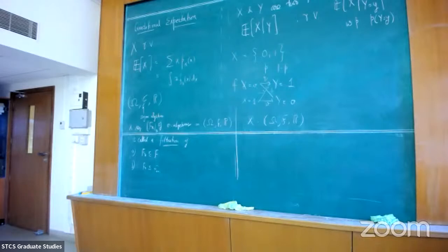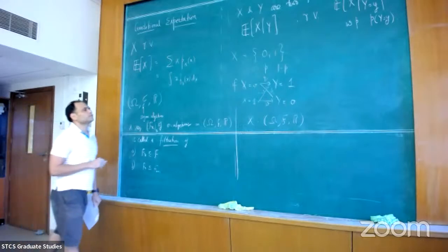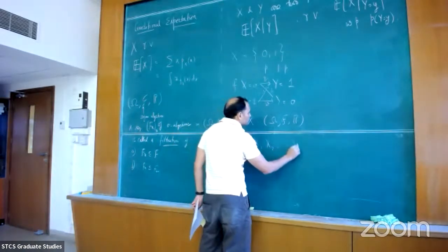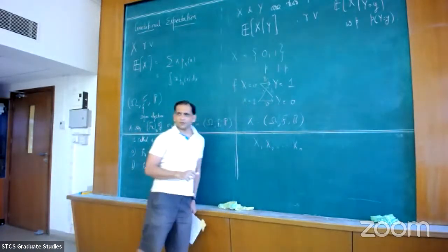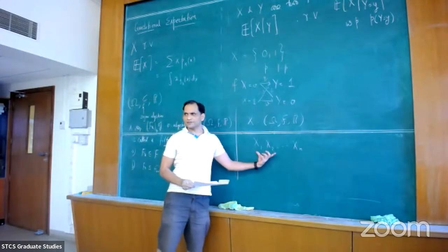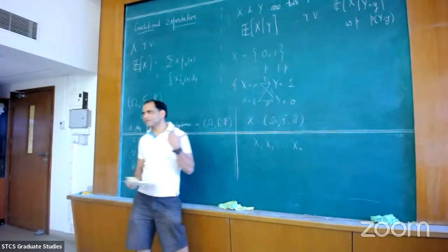Or you can define as many copies of x as you like. Suppose I take x1, x2, and so on with the same distribution as x. All possible functions of this, do they satisfy the property of a filtration?